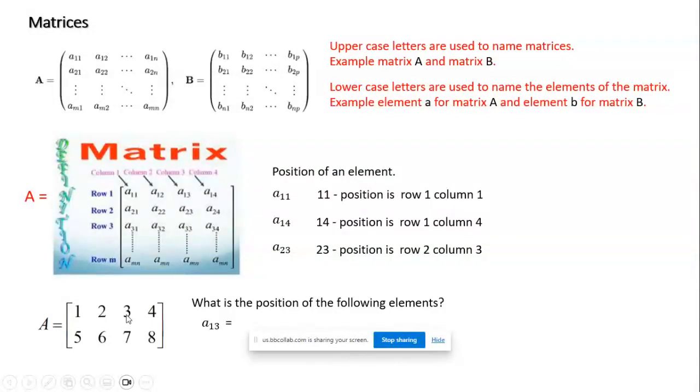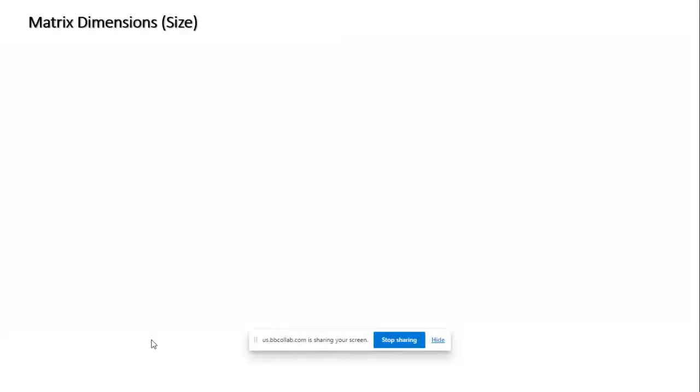So the element in A13, the answer would be 3, right? What about A24? It's row 2, column 4. So in row 2, I go to column 4, and the value here is 8. This is how we find positions of elements in our matrix.